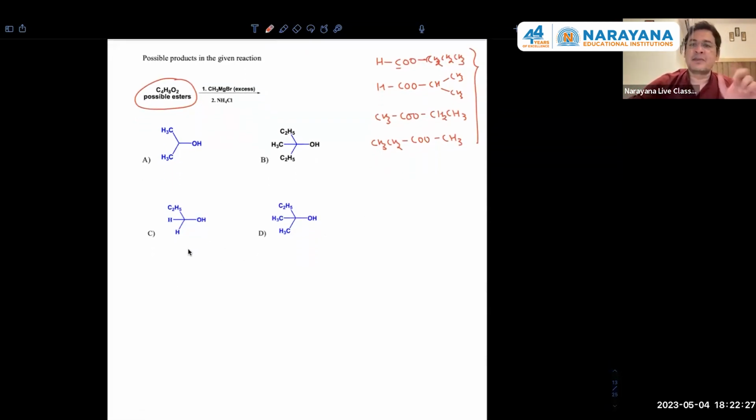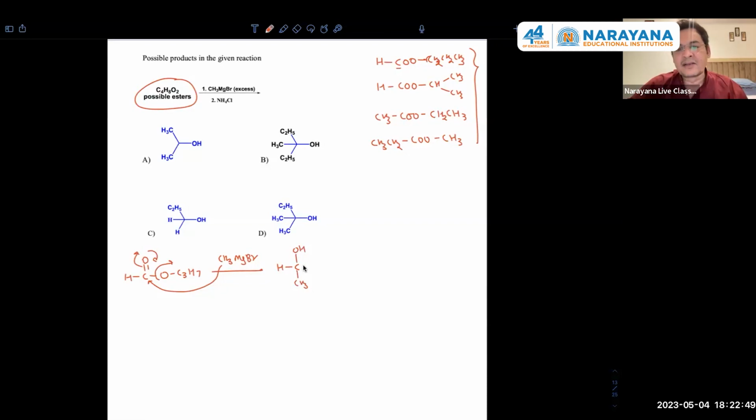Now CH3MgBr excess we are attacking. In the first ester, here we have simple propyl. If you attack CH3MgBr in excess, first O minus comes down, this propyl alcohol comes out, and that becomes HCOOCH3. If one more attack happens, 2-methyl will come here, and outside we are getting propyl alcohol.